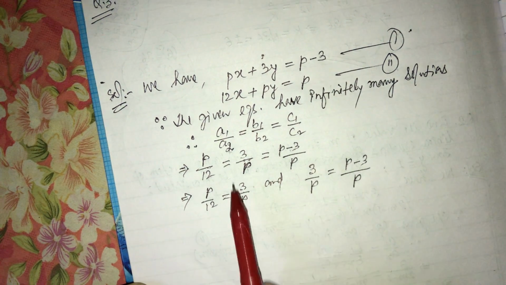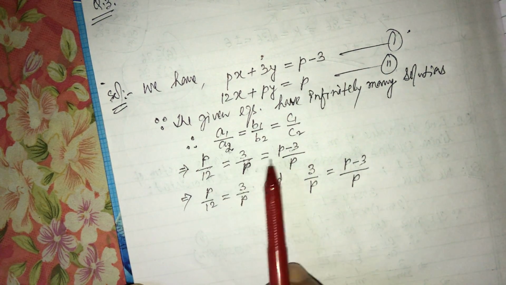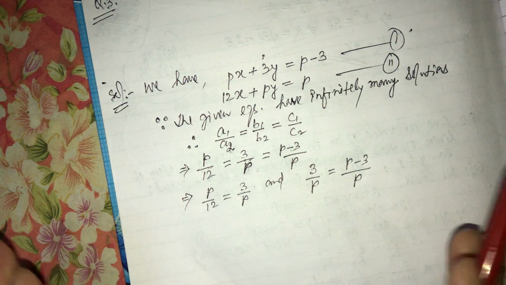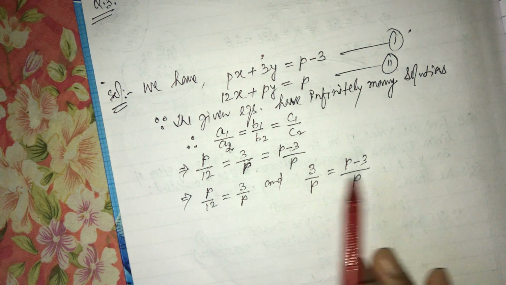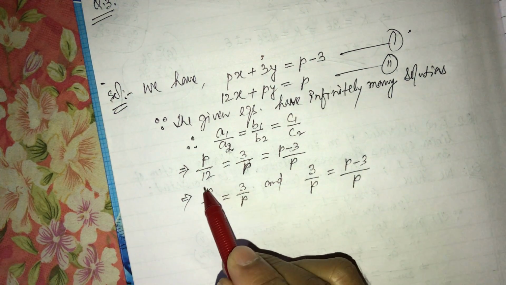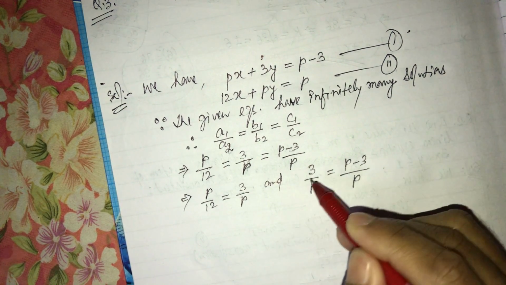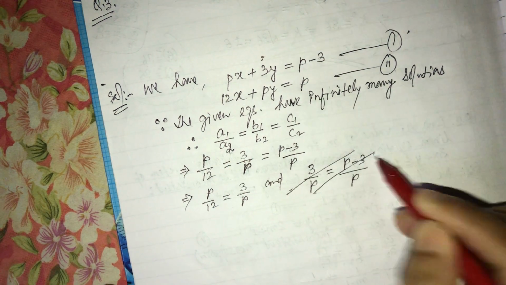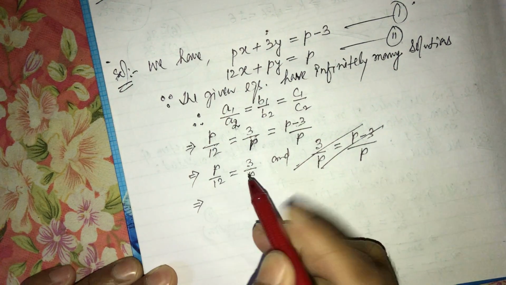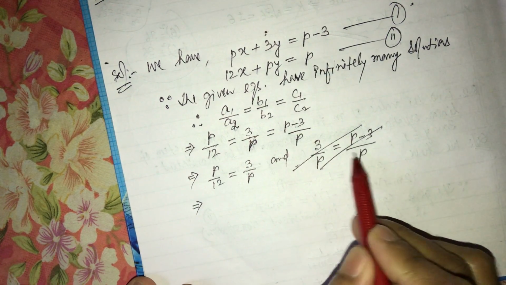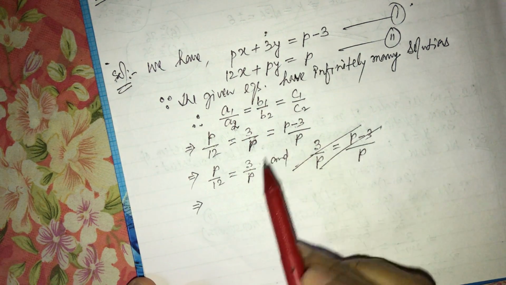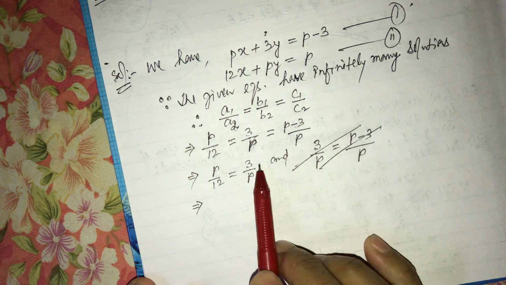But in this case all are equal, so we don't need to write this two different times, any one will give you the answer because all are equal. So I will go for this only, and this I will reject. Even if you solve the other, you will get the same answer. But in case of equal and not equal, we need to solve both.